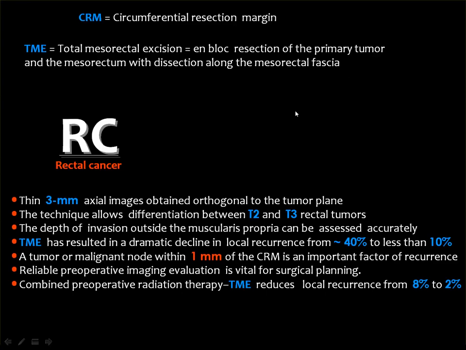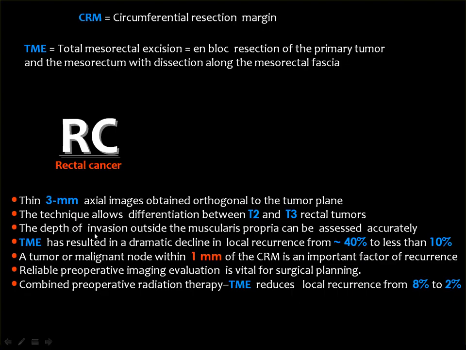Then in order to reach an accurate staging, we should have 3 millimeter axial images obtained perpendicular to the tumor plane. This technique will allow in many cases to differentiate between T3 and T2 rectal tumors.